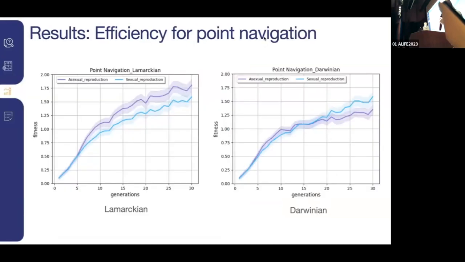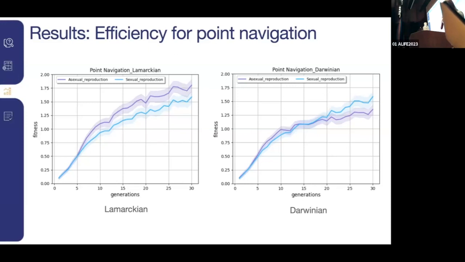So now let's look at results. First, efficiency data for the point navigation task. These two plots show the mean average fitness over generations. The left plot is for the Lamarckian framework and the right plot is for the Darwinian framework. For both plots, the purple lines show the asexual reproduction and the blue lines show the sexual reproduction.